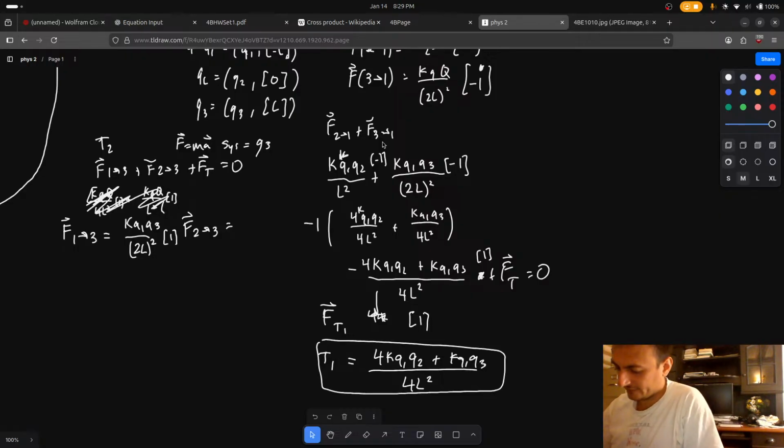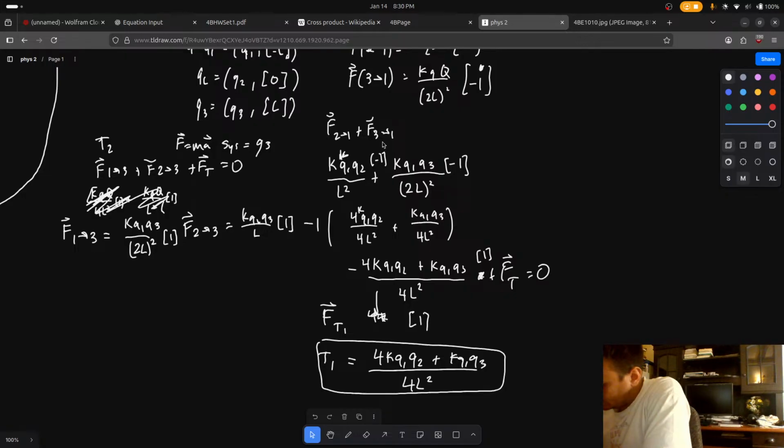Come on, you cannot forget this. K q2 q3 over, what is the norm of the vector between this? It's L times 1 as the unit vector pointing in that direction.